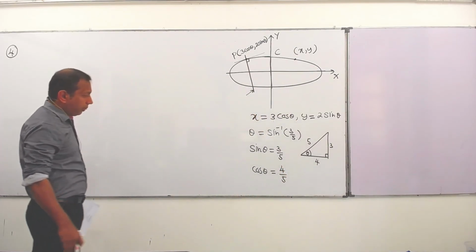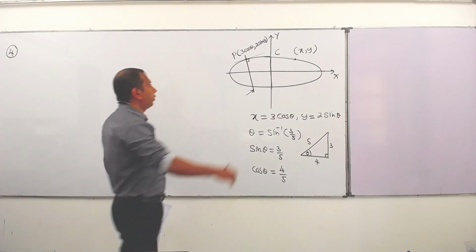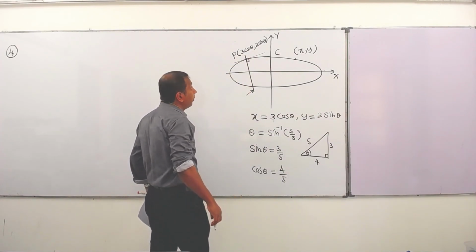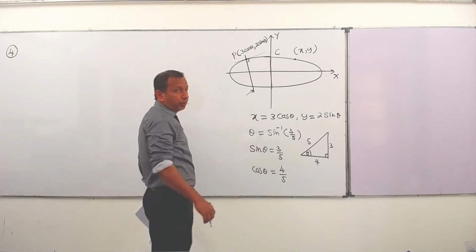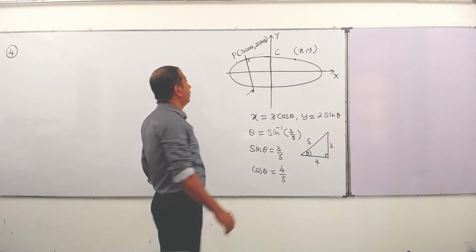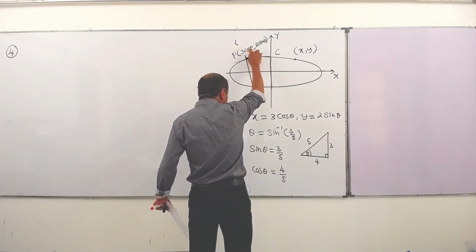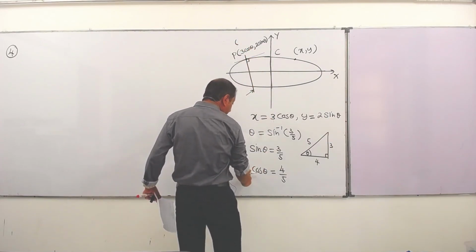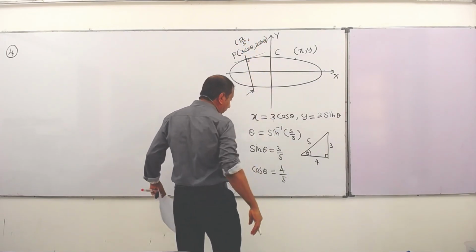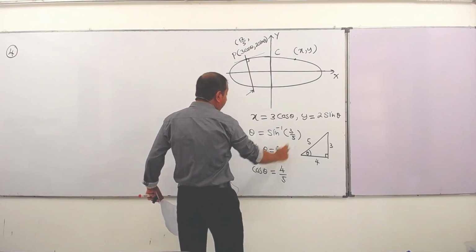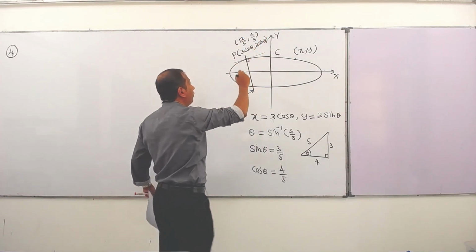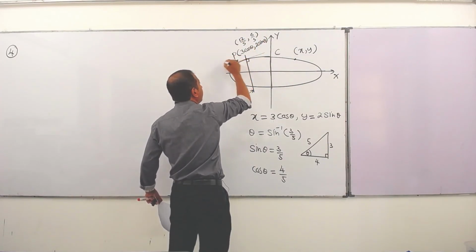Now, the coordinates of the point P are 3 cos theta and 2 sin theta, so we can find them in real numbers. Point P is 3 times cos theta, which is 12 by 5, and 2 times sin theta, which is 6 by 5. Now we need to find the gradient at this point.